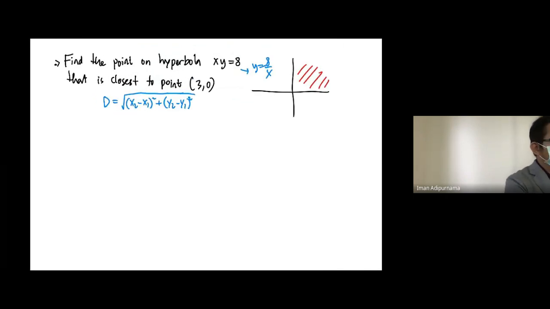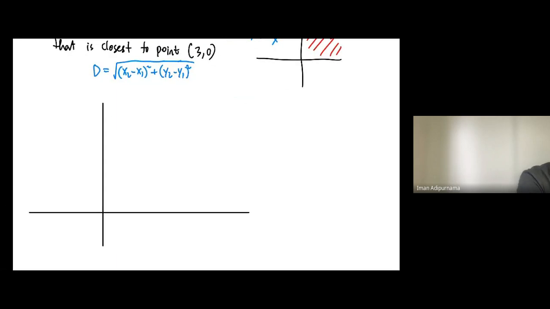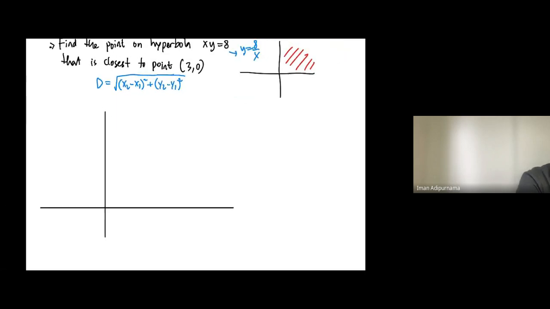Okay, so we have the hyperbola xy equals 8, or we can write it as y equals 8 over x. And we need to find the closest point. It's also the same question: find the closest point to the point (3, 0). If we have the x-axis and y-axis like that, let me make y equal 8 over x.